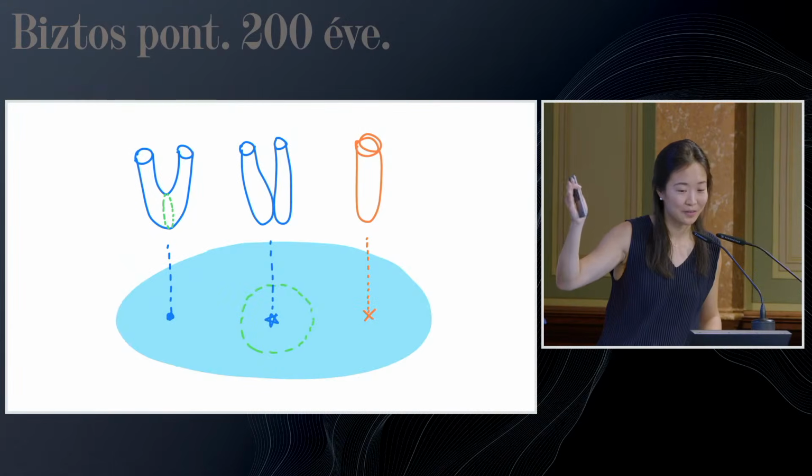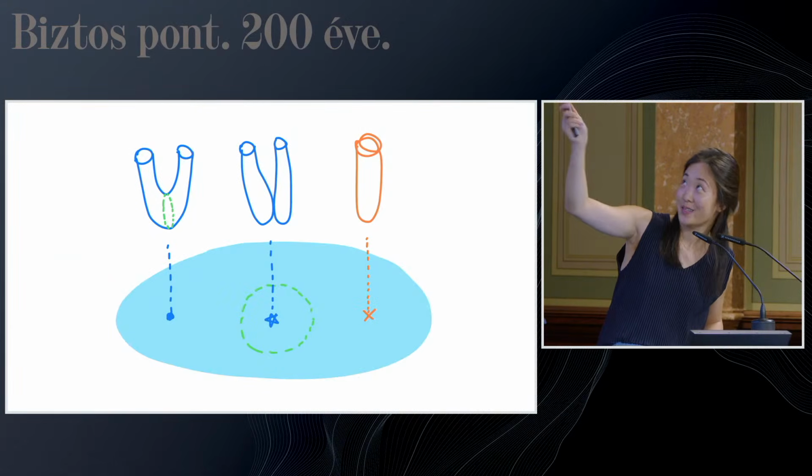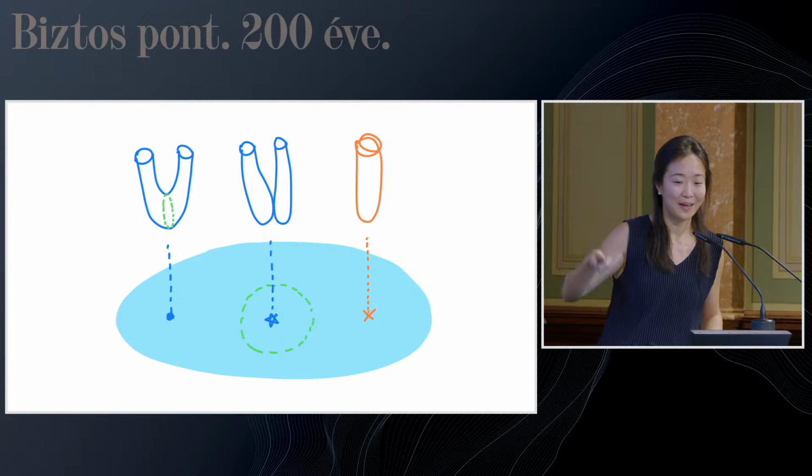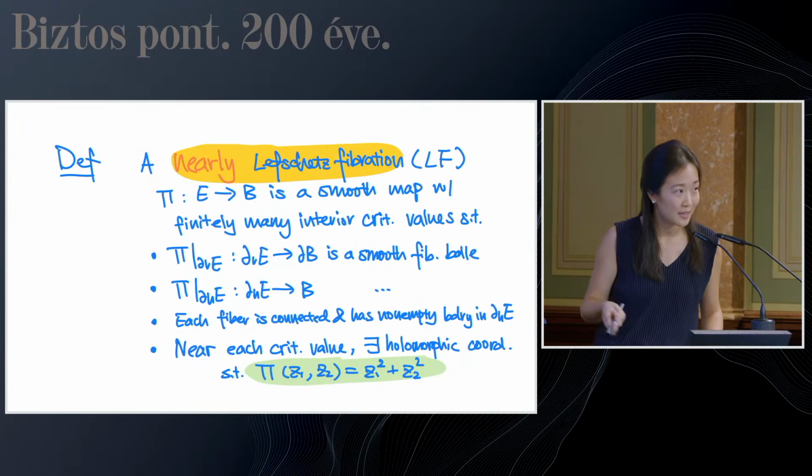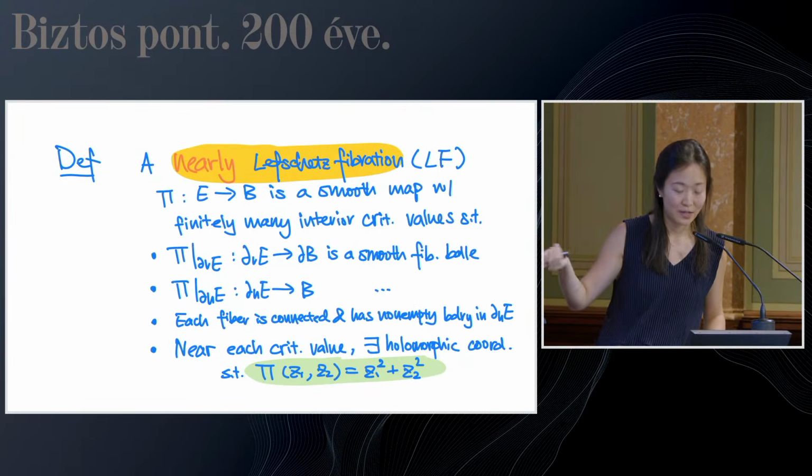These are the configurations that naturally arise when you consider the SFT limit of the moduli space. So these are just things that come up, but now you can actually study these objects purely in dimension by themselves.